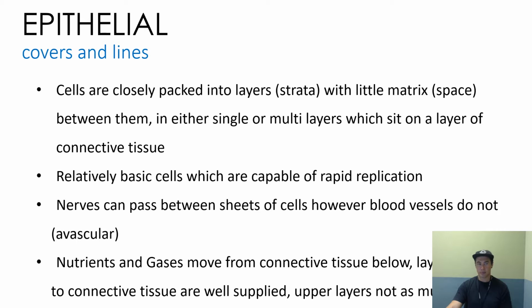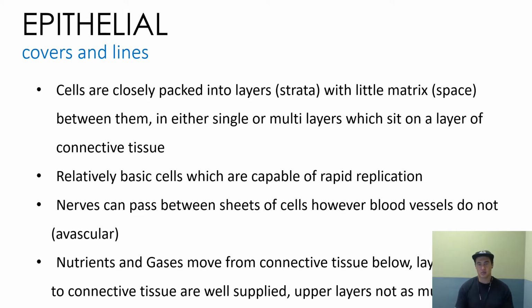So let's start at the top. We'll look at epithelial tissue, think covers and lines. With epithelial tissue, cells are closely packed into layers. A layer is called strata, similar to your atmosphere. If you remember school science, the atmosphere is in different layers or strata. And there's little matrix.